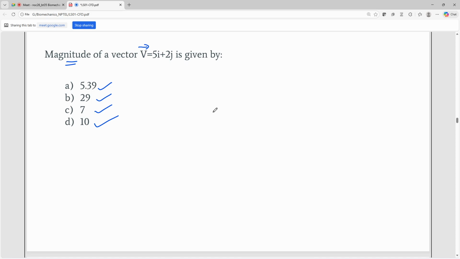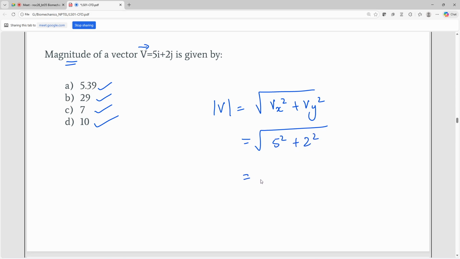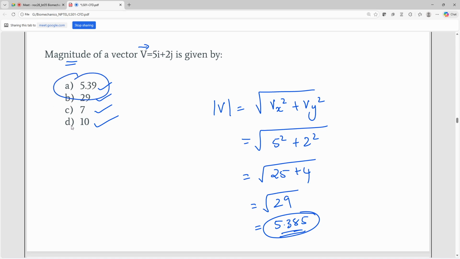Yes, the magnitude of the vector is given by the square root of vx square, that is 5 square, plus vy square, that is 2 square. Again, square root of 25 plus 4 is square root of 29. That comes around 5.385 something. So this is the answer. That is option A, 5.39.